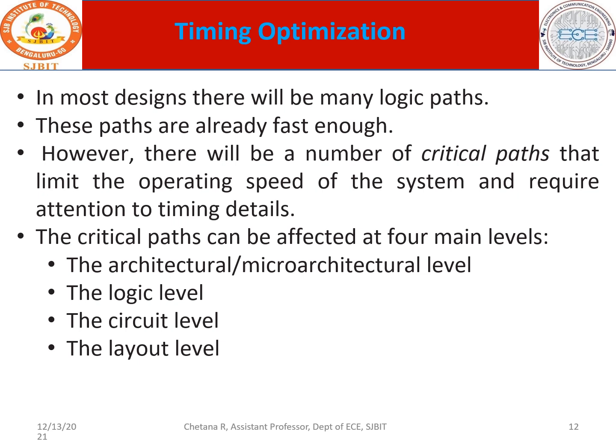So timing optimization: how to optimize the timing, how to overcome the unwanted delay, and that is focused with respect to 4 different dimensions. In most designs there will be many logic paths. So these paths are already fast enough. However, there will be a number of critical paths that limit the operation speed of the system and require attention to timing delay details. So the critical paths can be affected at 4 main levels.